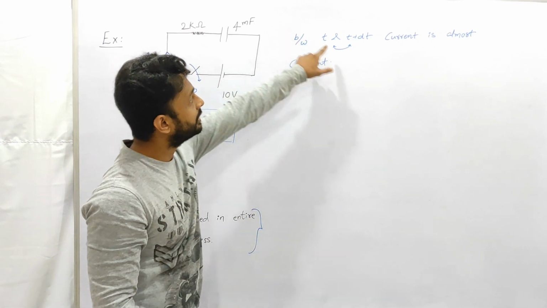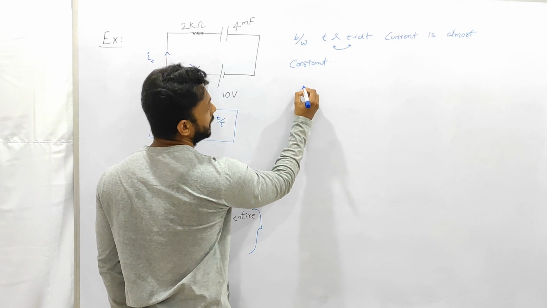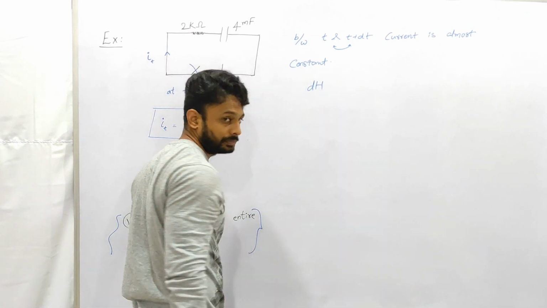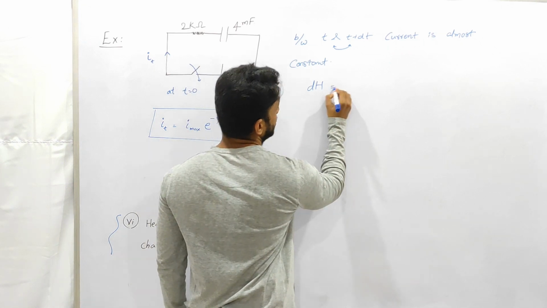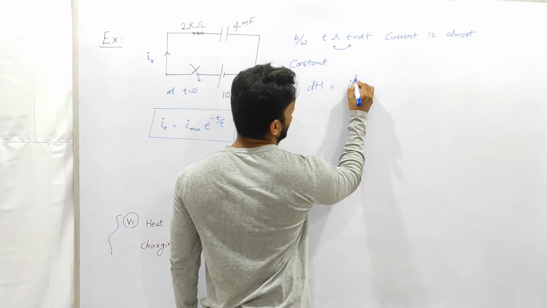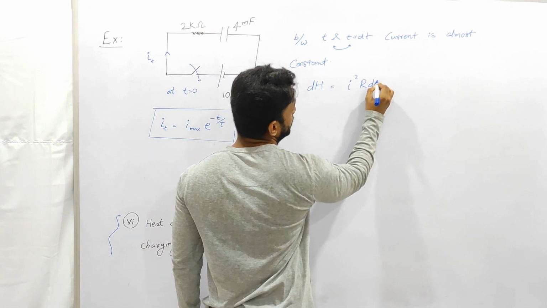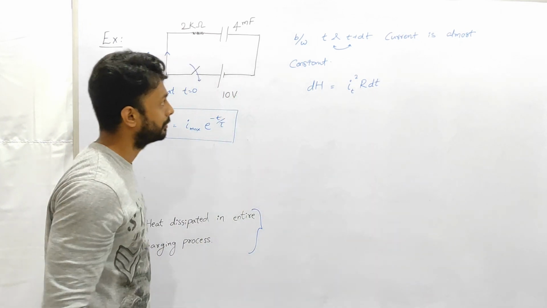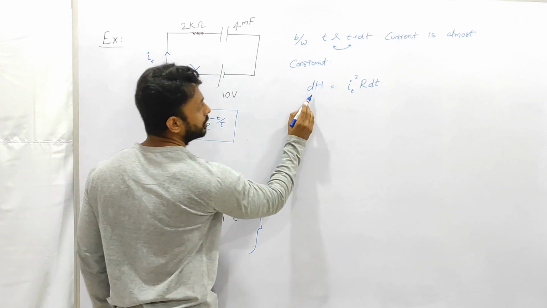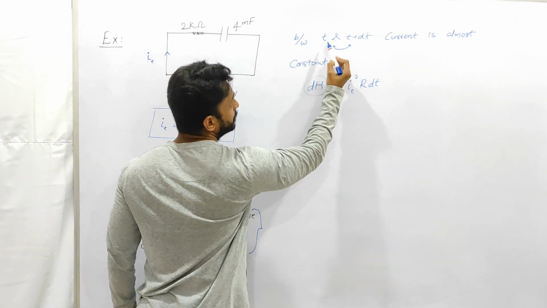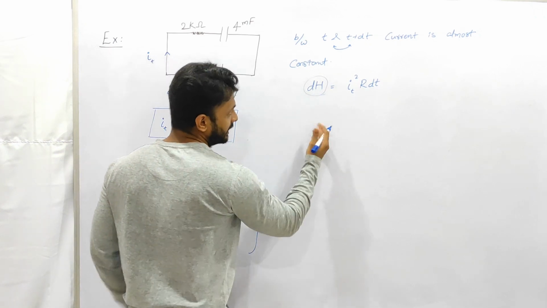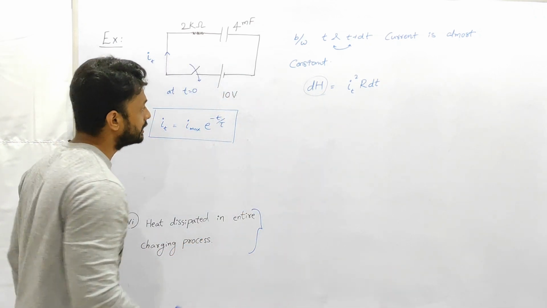So within this time interval dt, the heat dissipated, let me represent it with dH, is given by I square R into the time lapse, that is dt, with I at time t. That's the small amount of heat dissipated from t to t plus dt. So we'll find dH, then after that we integrate to get the overall heat dissipated.